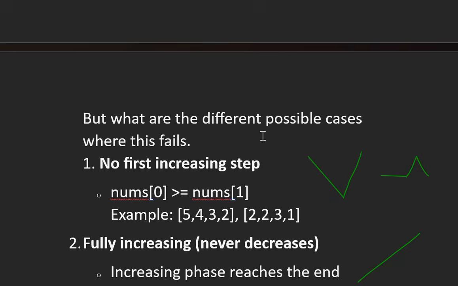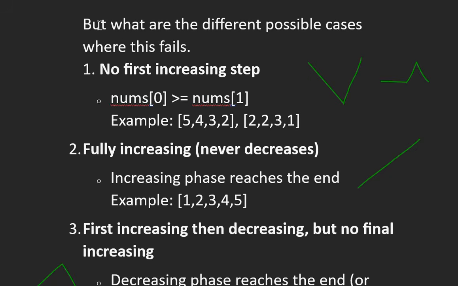But there are some possible cases where this will fail. If we see the first case, we don't have any increasing step. See this array 5 4 3 2. Directly it is decreasing, 5 to 4 to 3 to 2, right? Means no increasing step at all, so it failed.